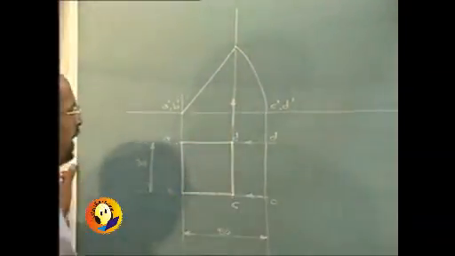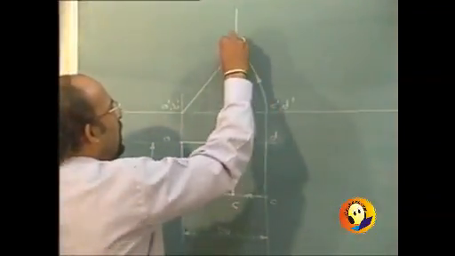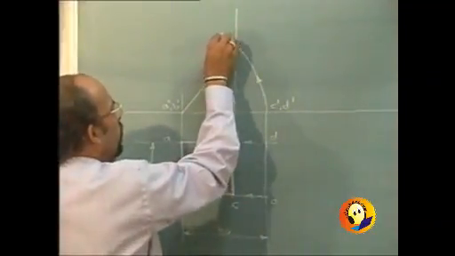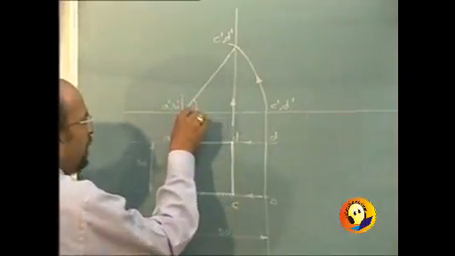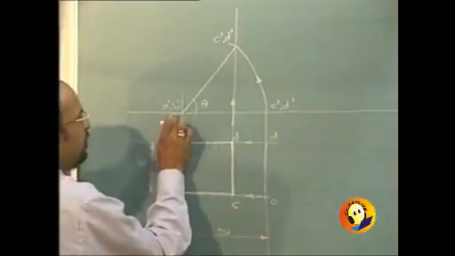You complete the plan, go up, perform the rotation. Wherever it cuts this projector, we get the final position of points C dash and D dash. And this is the angle made by the plane with horizontal plane theta, which can be measured.